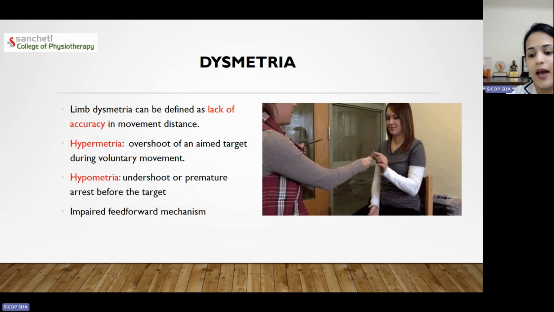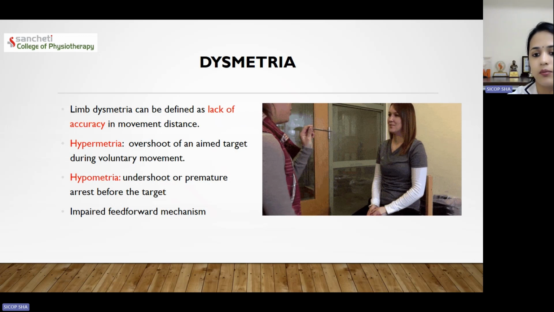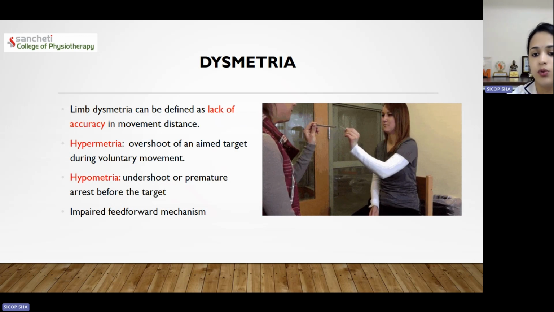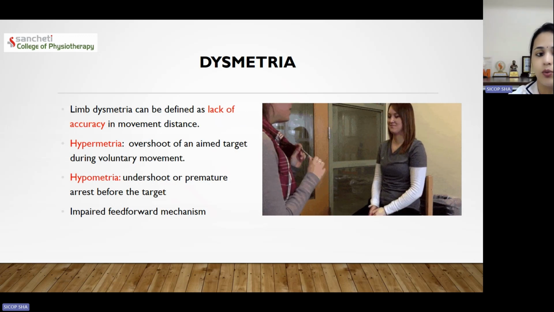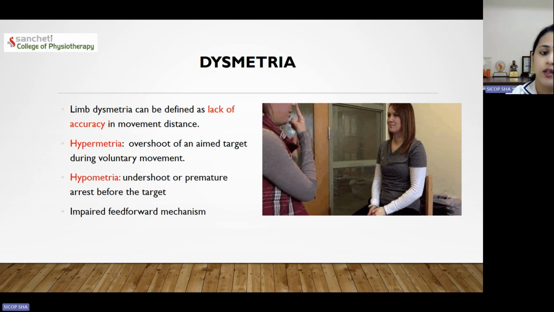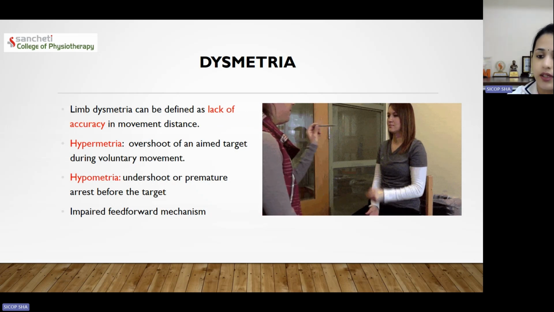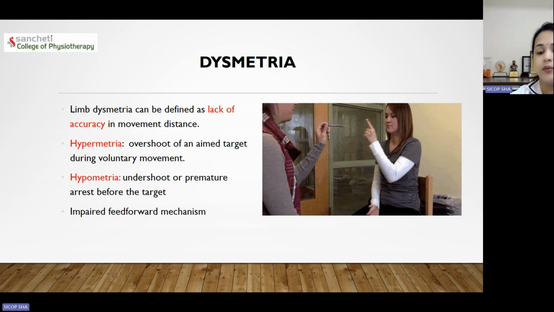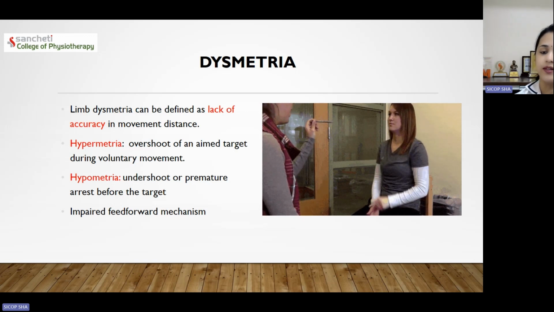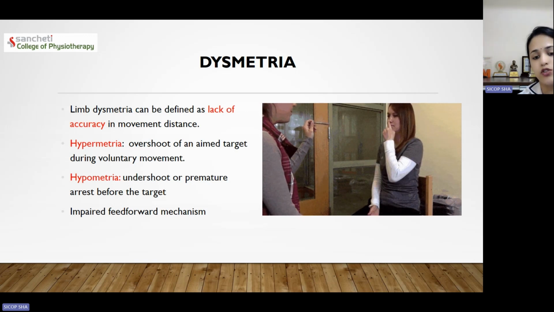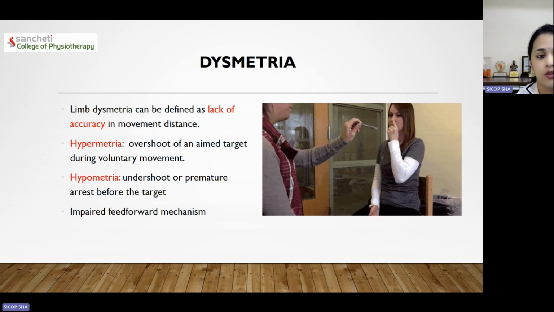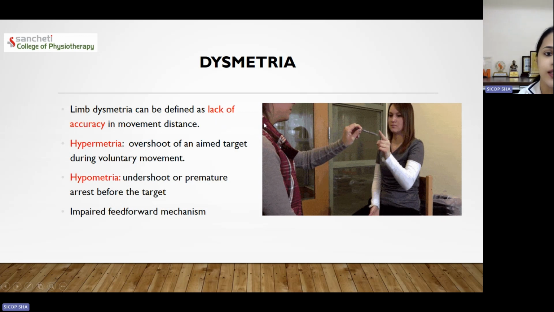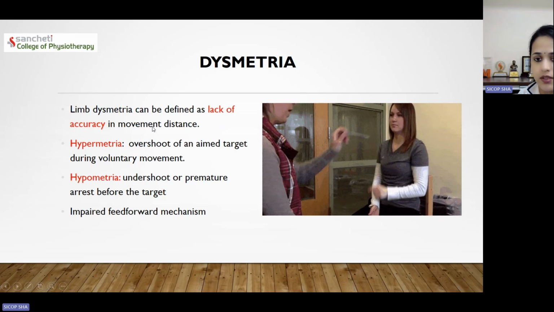dysmetria. As the name says, dys means not regulated, and metria is something related to meter, something related to distance. So what is affected in this? There is lack of accuracy in movement distance. The parameters that can be affected are speed, range of motion, and duration. So limb dysmetria can be defined as lack of accuracy in movement distance.